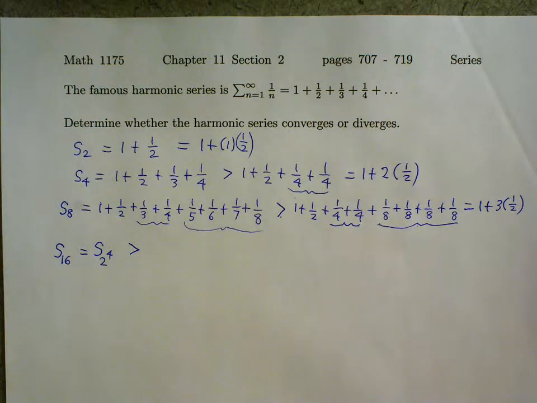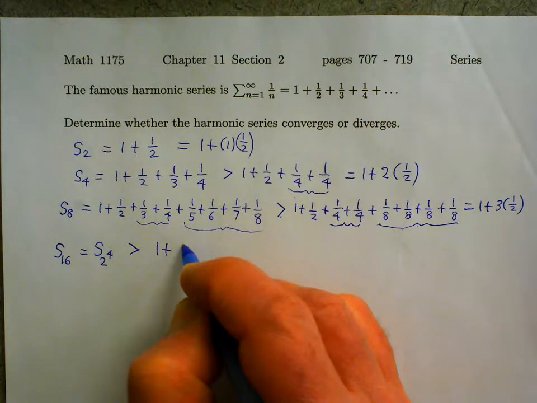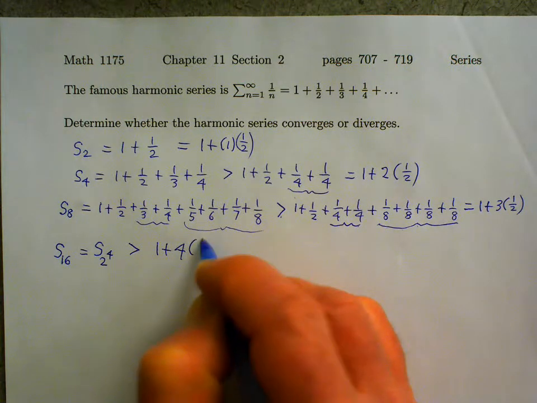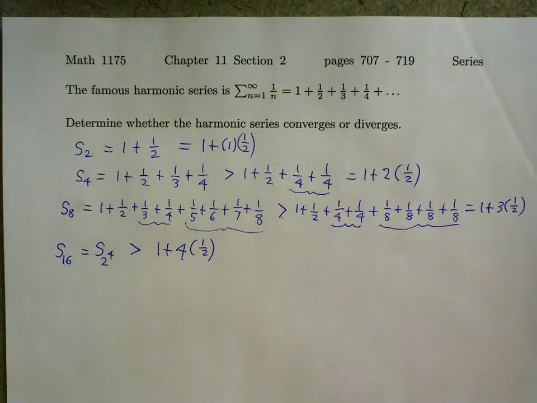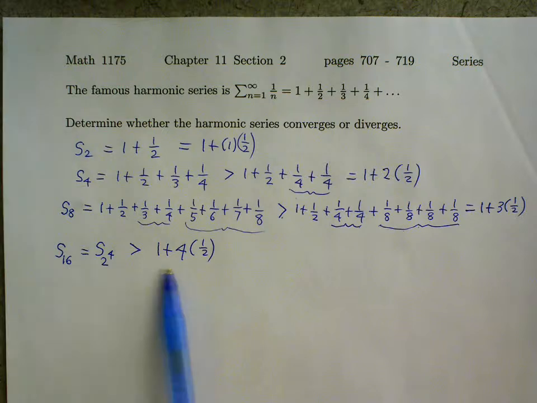And that's going to be greater than 1 plus 4 times 1/2. If we went through the same sort of process as we did previously, we would find that this partial sum is greater than 1 plus 4 times 1/2.